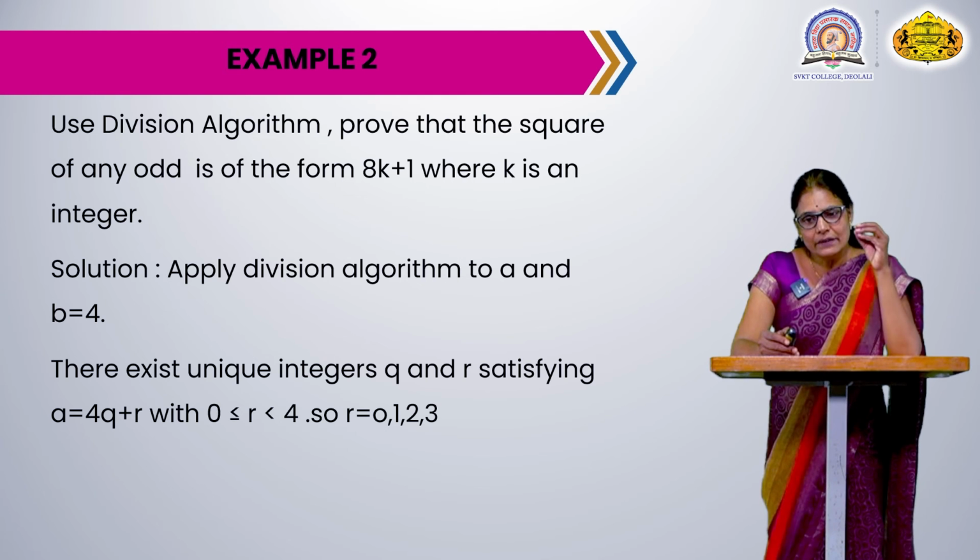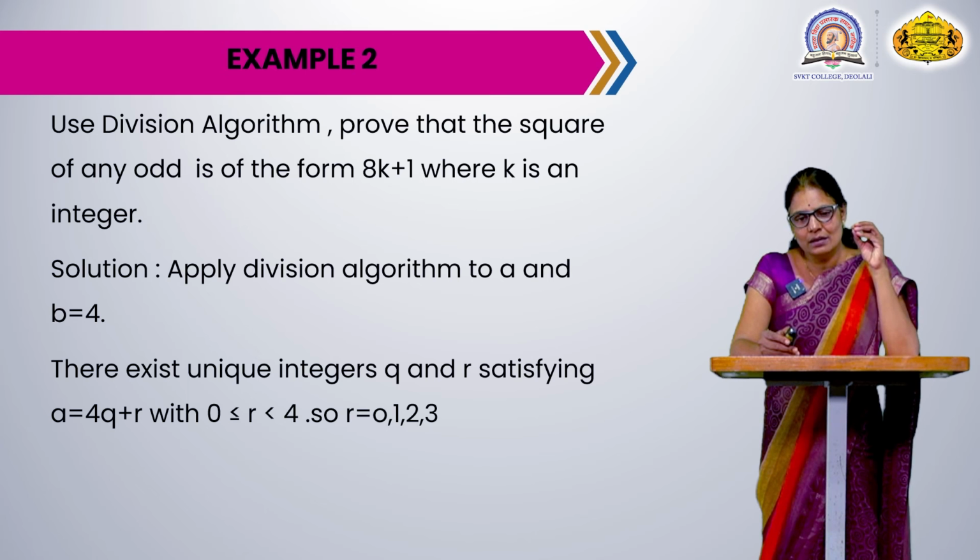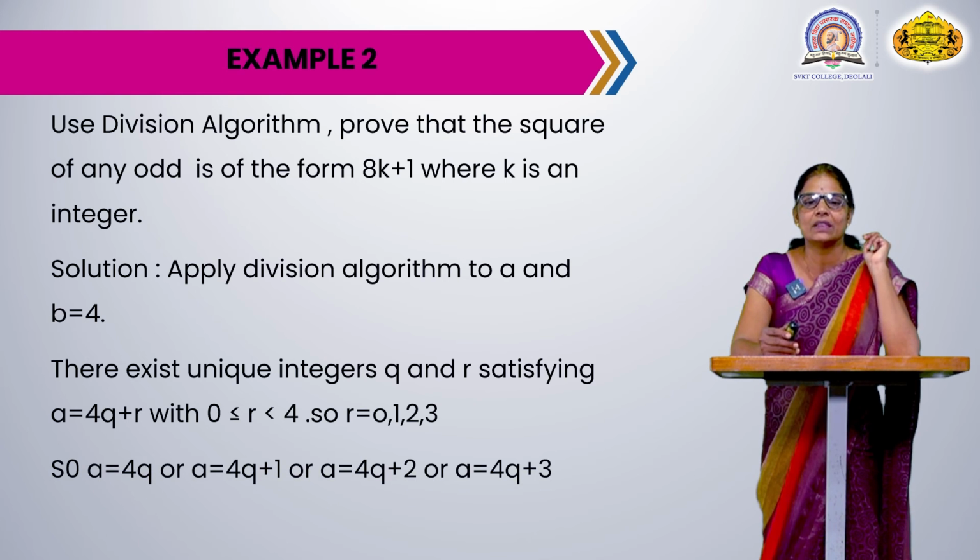That is, when we divide any integer by 4, there are only 4 possible remainders, 0, 1, 2 and 3. And that's why a has 4 different forms. Either a can be written as 4q, 4q plus 1, 4q plus 2 or 4q plus 3.